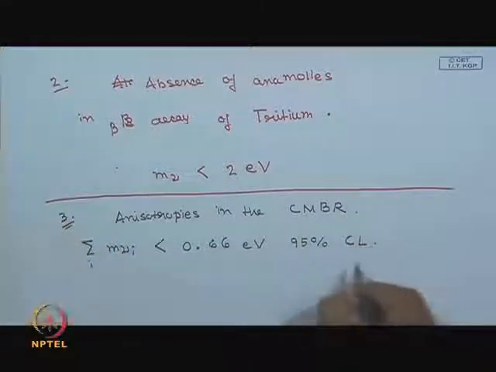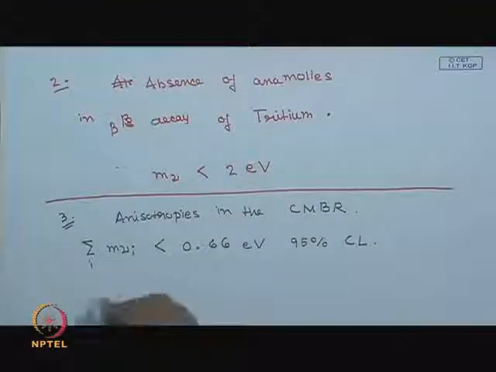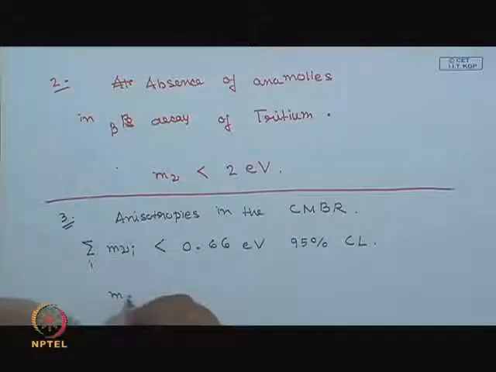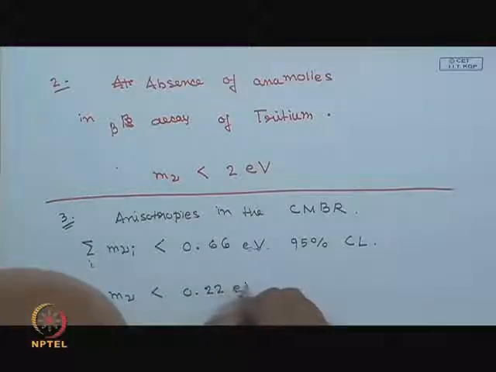So at 95% confidence, the sum of the neutrino masses should be less than 0.66 electron volts. And we just saw arguments why if the neutrinos are massive, then all three of them must have nearly equal mass, because the mass differences have been measured and they are extremely small. So this imposes a limit that the mass of a single species should be less than 0.22 electron volt.